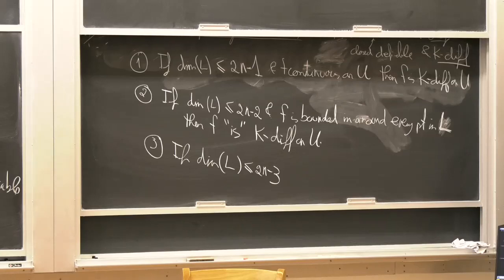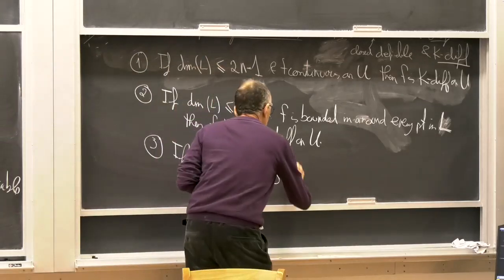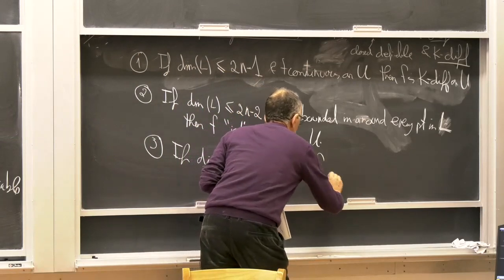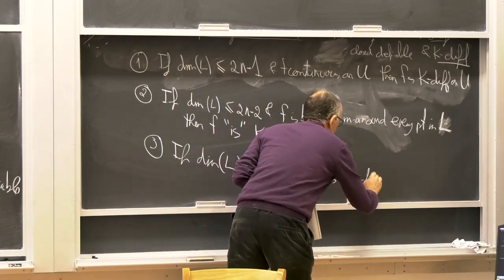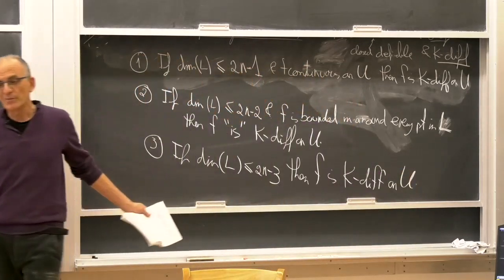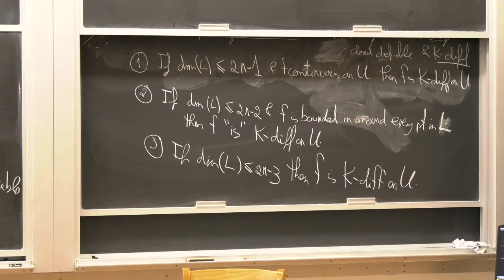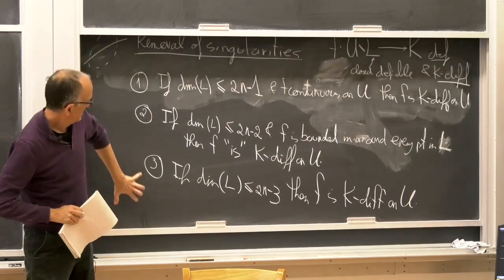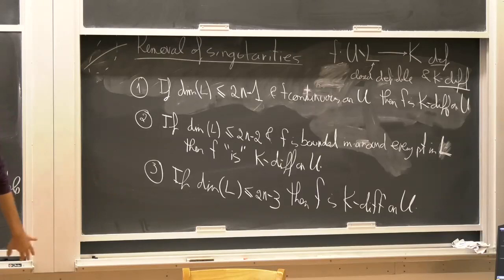So F, without any assumption, is K differentiable. And this corresponds to classical theorems on removal of singularities from very small sets. So this has no one-dimensional analog. This is a phenomenon of high dimension, which is a bit similar maybe to Hartogs' theorem, that special things happen for complex functions.